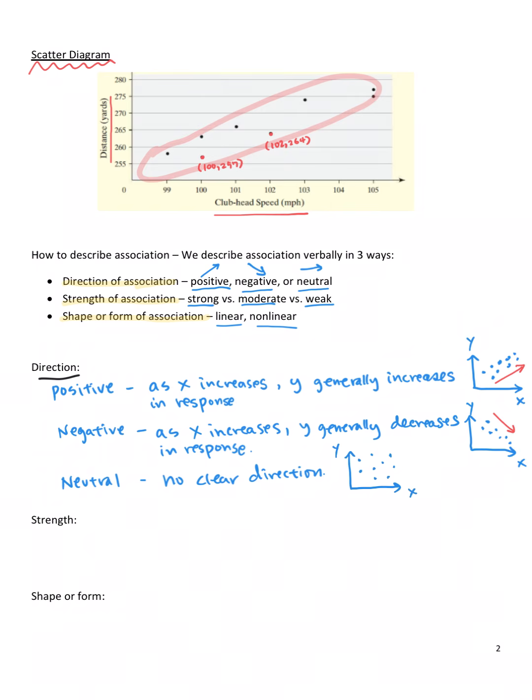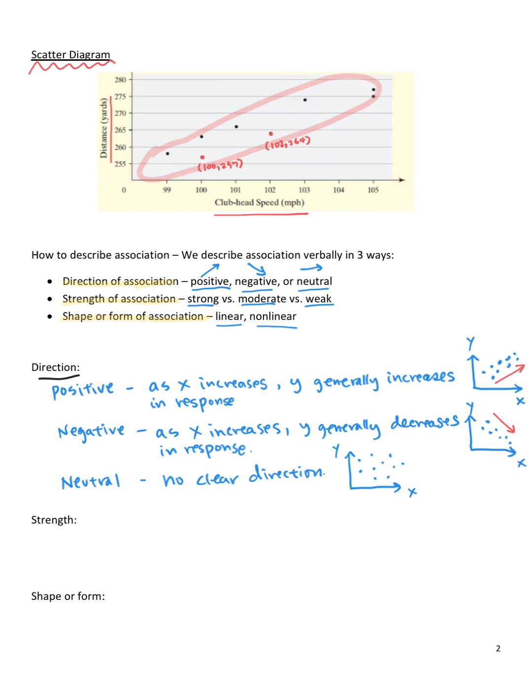Kind of like that. Points are all over the place, and there does not seem to be a general pattern in the direction of association at all. And that could be just as interesting depending on the study that you're conducting. So again, neutral, no clear direction of association.